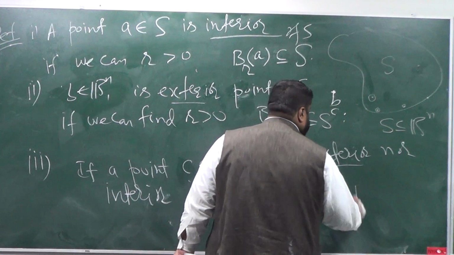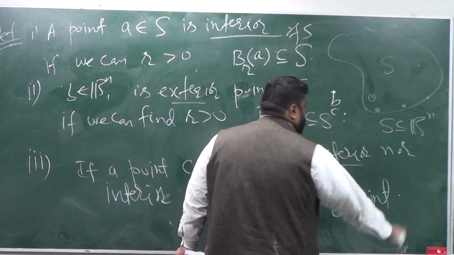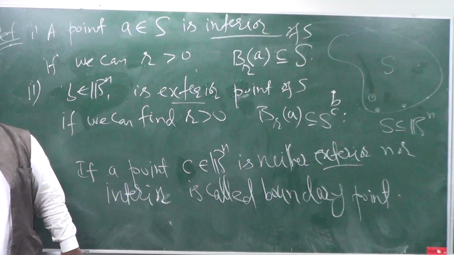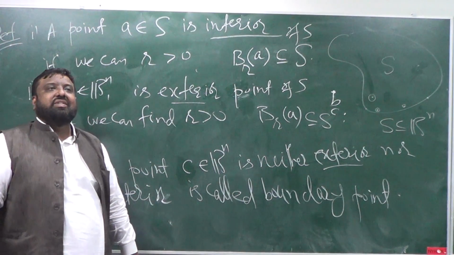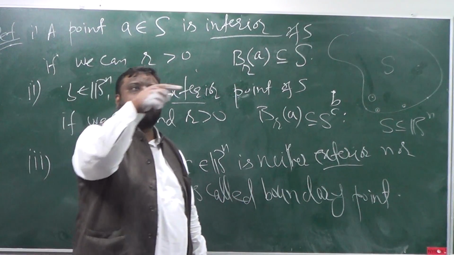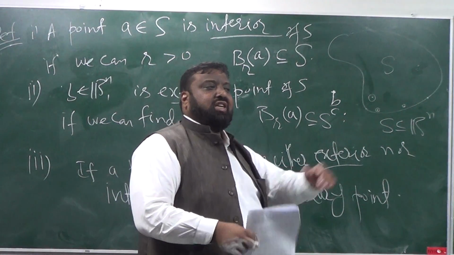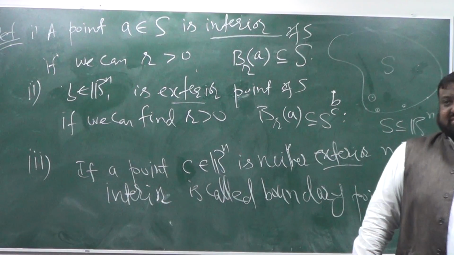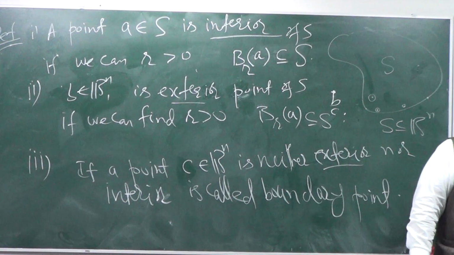We call it a boundary point. So a boundary point is neither inside nor outside. In other words, if you try to draw a ball around it, it is neither contained in S nor contained in S complement. Okay, that's what it means actually.